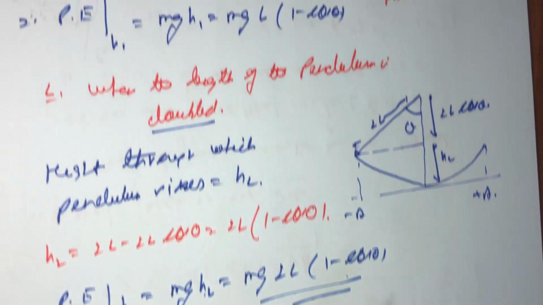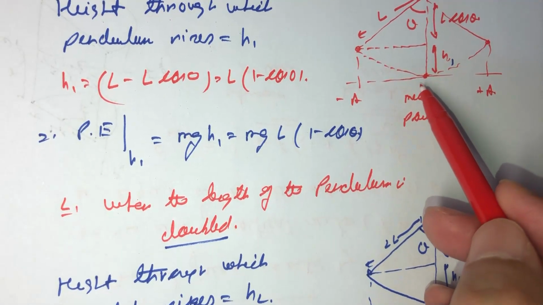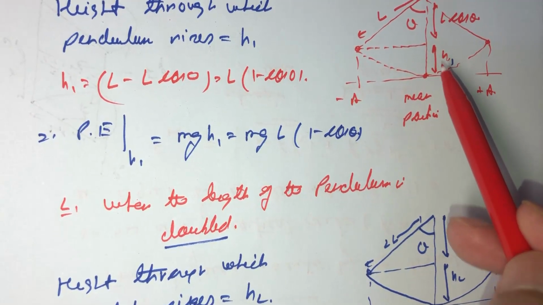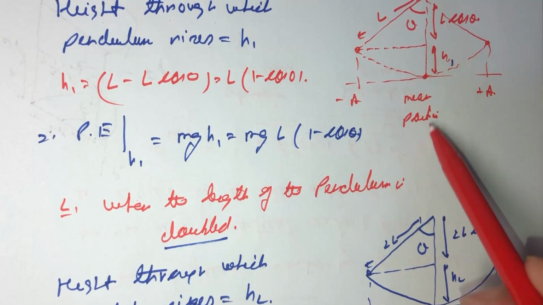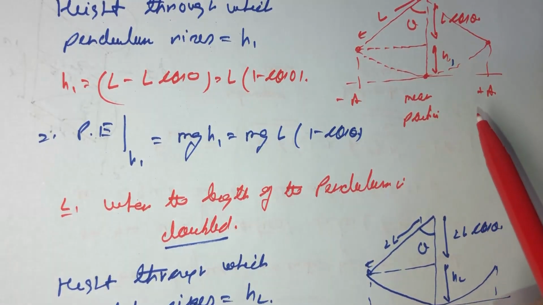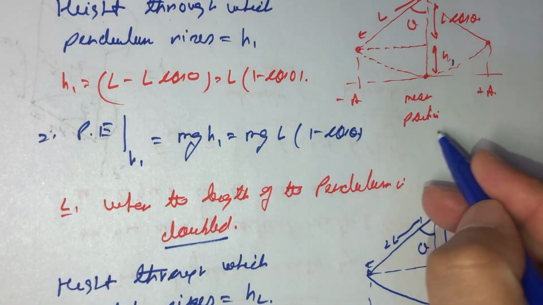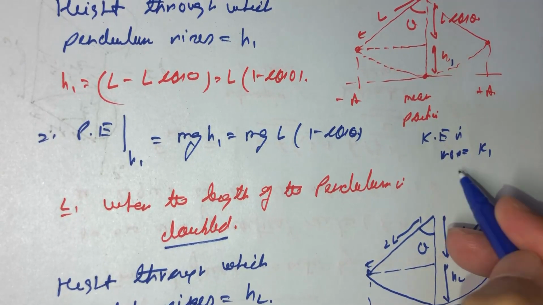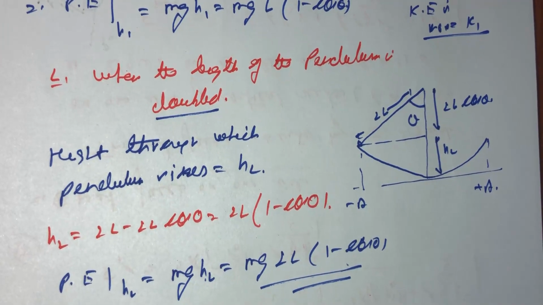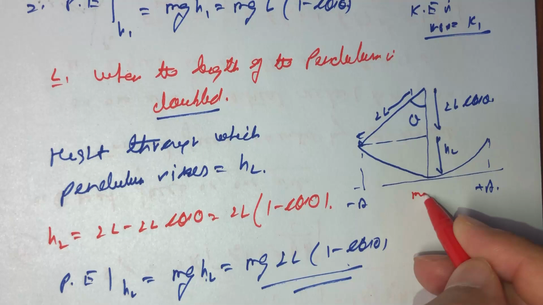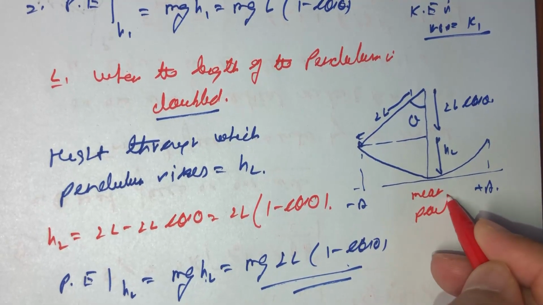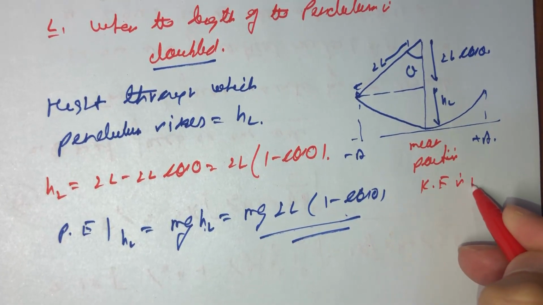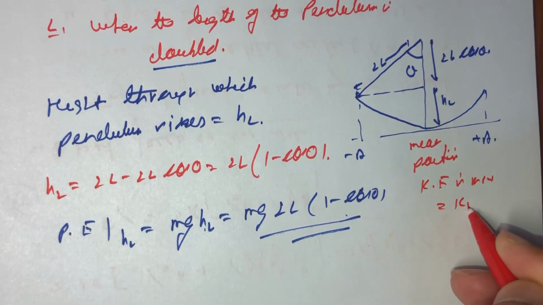In the first case, when the length is L, the kinetic energy is maximum at the mean position, and that will be equal to K1. In this case also, kinetic energy is maximum at the mean position, given as K2.